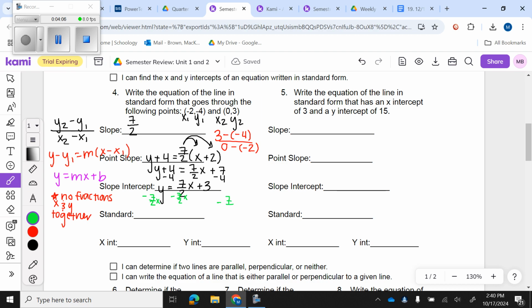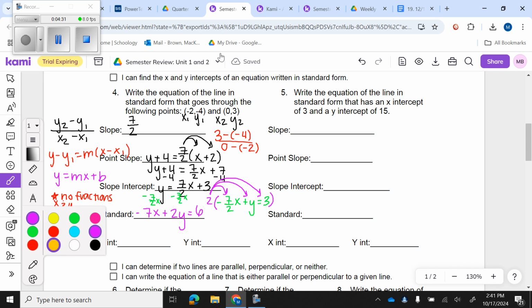I'm going to have a negative 7 over 2x plus y equals 3. The thing you have to remember here is no fractions. So to undo this fraction, I'm going to multiply my whole equation by 2. You're going to put this in your calculator. Let your calculator do all the work. So I'm going to have a negative 7x plus 2y equals 6.